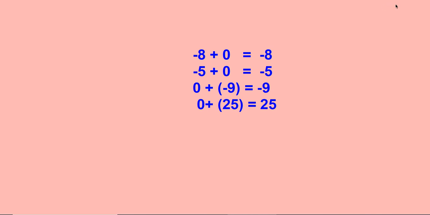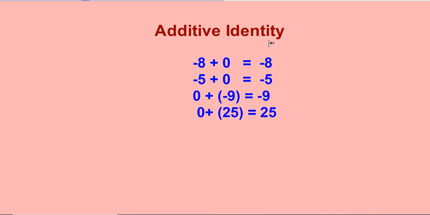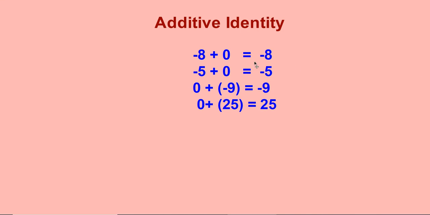So we can call 0 as additive identity. This is only possible when 0 is added to any integer. If you add any other integer to some other integer, you will not get the same integer. So it happens with only 0.